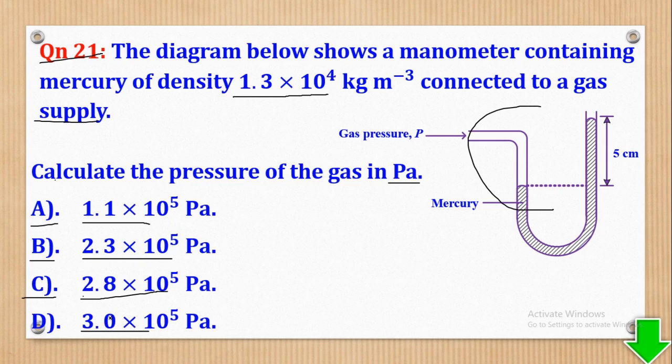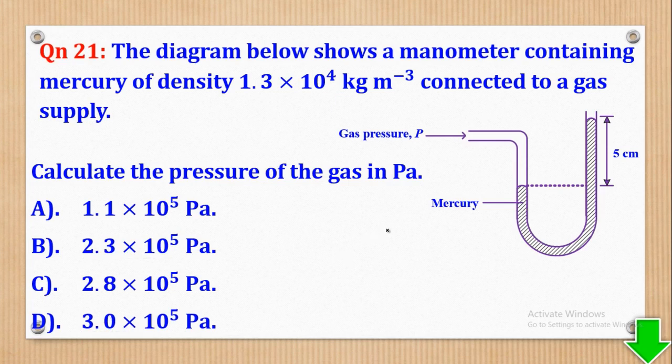So you'll need to do some calculations to come up with the correct option. So here there is atmospheric pressure, and here there is gas pressure. So this one will be equal to the atmospheric pressure plus this pressure difference, which is of height 5 centimeters.